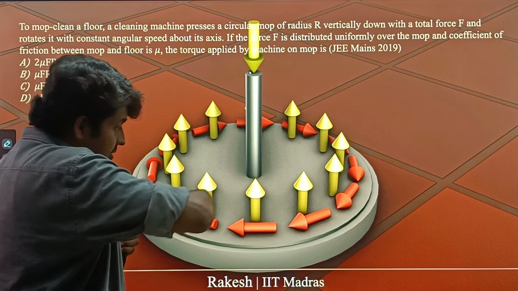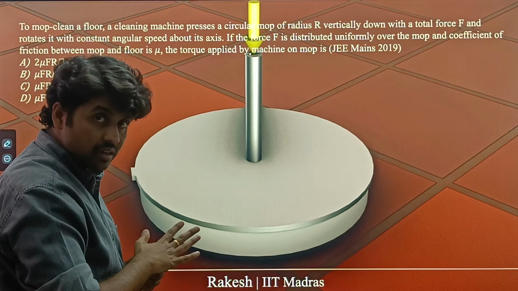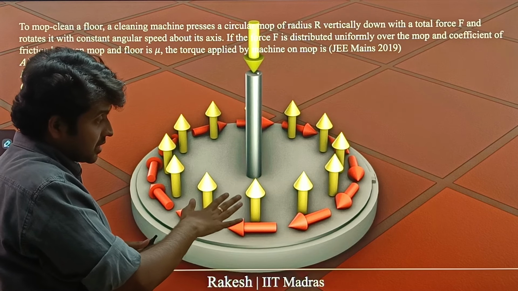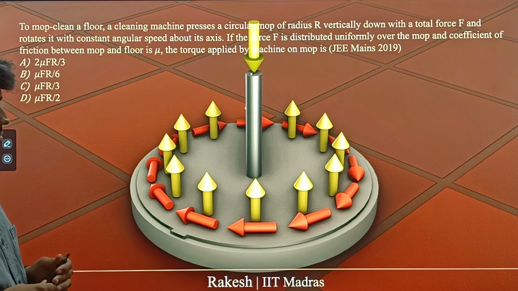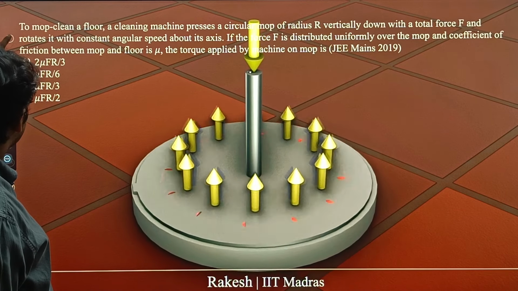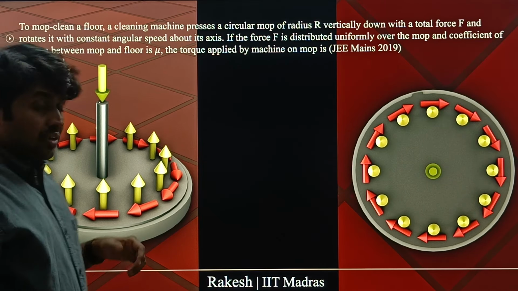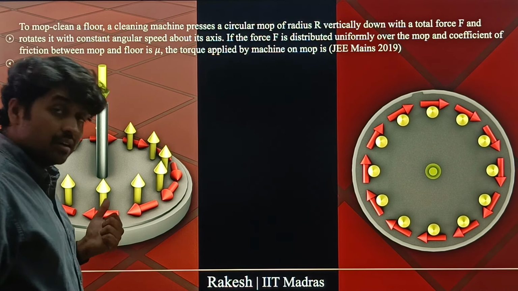Now, as it is turning this side, friction will act in this direction. The red arrows that you are seeing here are the friction direction acting on the mopping stick. So let us move on to solving the question. This is a top view and this is a side view.